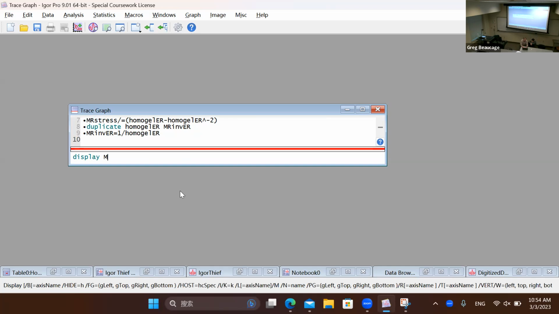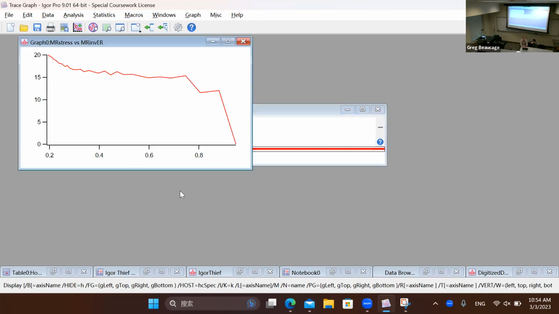Display new regular stress versus R, and what is that? So I think digitizing is great.